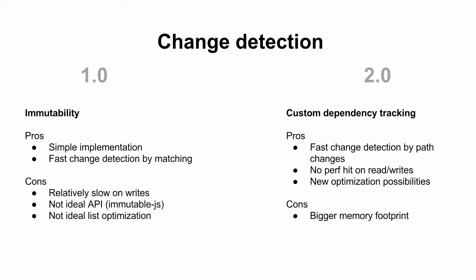The cons of this approach is that it has a bigger memory footprint because it needs to keep track of all these dependencies, but it doesn't matter. You're not going to get a memory issue with your app with this approach. Yeah, so that's how that works.